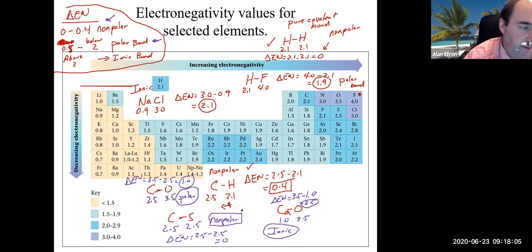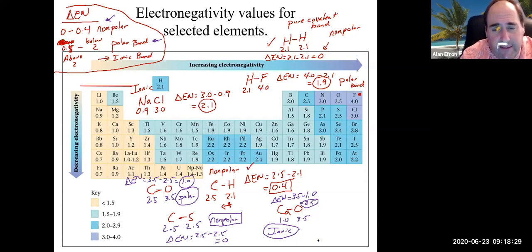This brings up a really important point when we talk about electronegativity. The first point is, if you have two of the same elements that are nonmetals, it is a pretty safe bet that it's going to be a nonpolar bond. You don't have to worry about calculating the electronegativity difference.